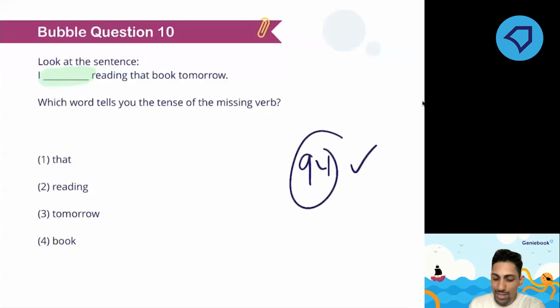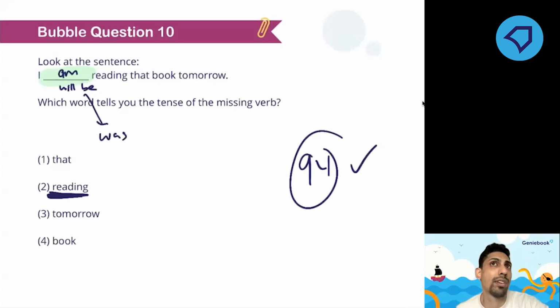Which word tells you the tense? So some people say, oh, the answer is reading. Is it? Can I say I am reading that book tomorrow? Yeah, can. Okay. Can I say I will be reading that book tomorrow? Okay, sure. Can I say I was reading that book tomorrow?